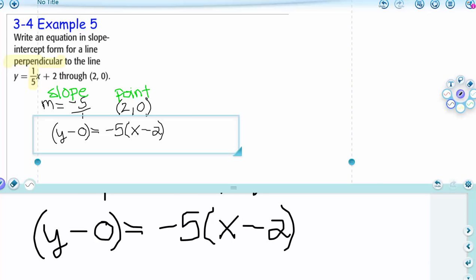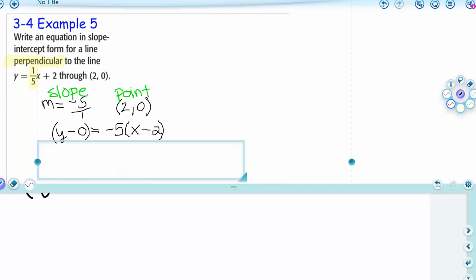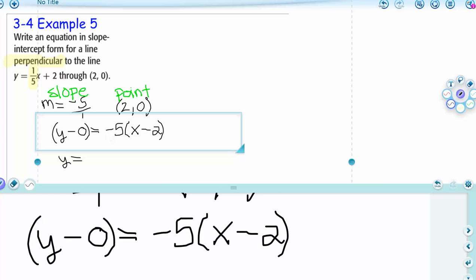Now I want to simplify anything that I can. y minus 0 is simply y. And then I need to distribute the -5 to what's inside parentheses. So I'm going to take the -5 and multiply it times x.